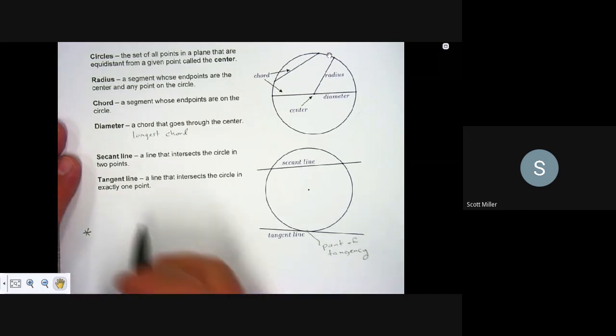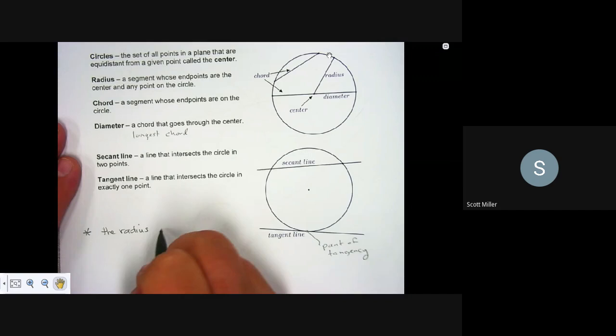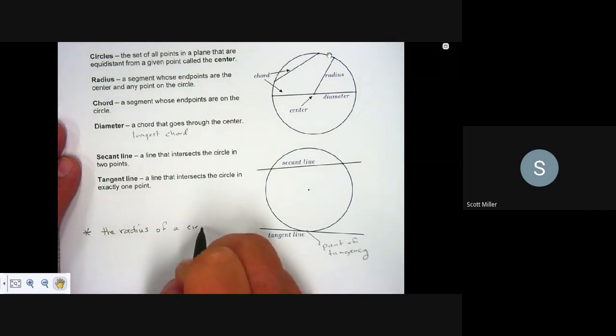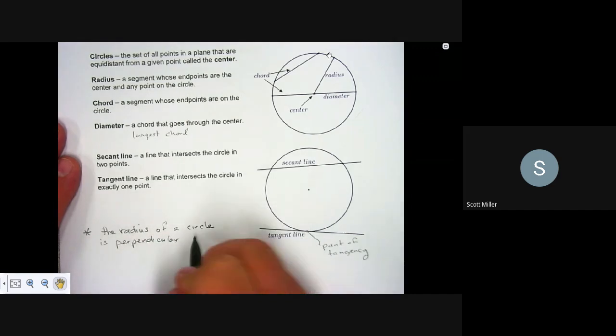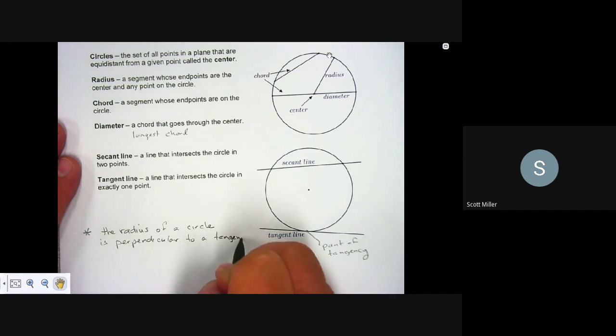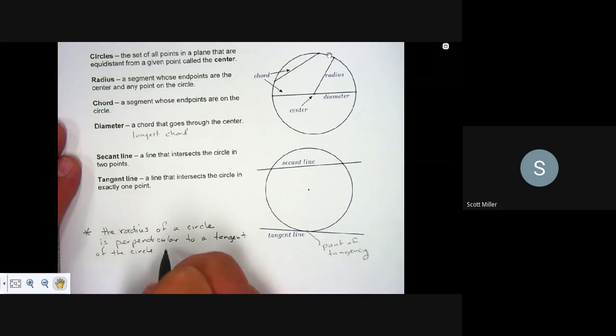Number one, the radius of a circle is perpendicular to a tangent of the circle at the point of tangency.